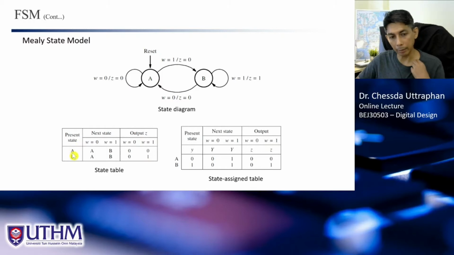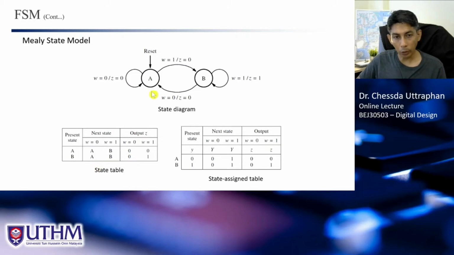And remember, the state table represents this transition and the transition here, but we cannot derive the logic equation from this yet, because A and B, the alphabet, are not represented in binary yet. And remember, to design the logic circuit, we need to represent everything in binary.